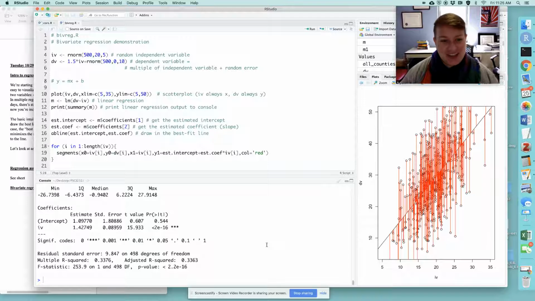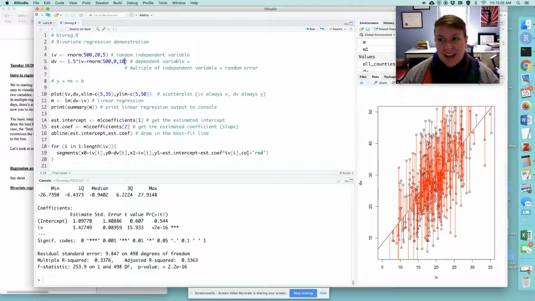That's really large. It's still quite significant, clearly a positive relationship, but it is not at all as clean. There's much more error if there's more variability in the y variable.